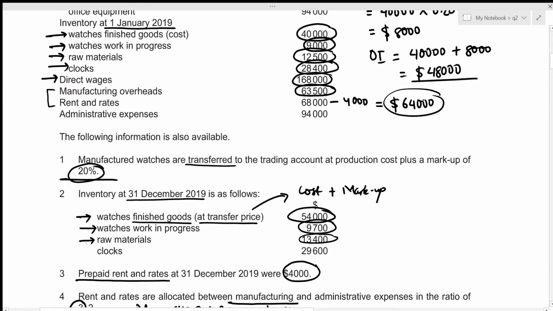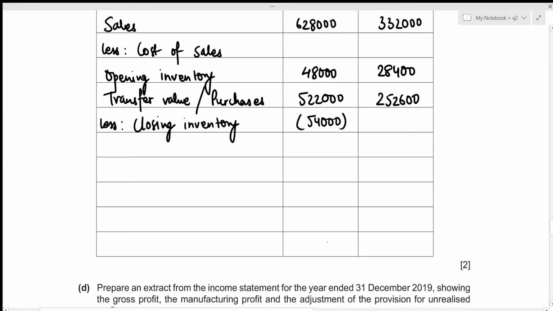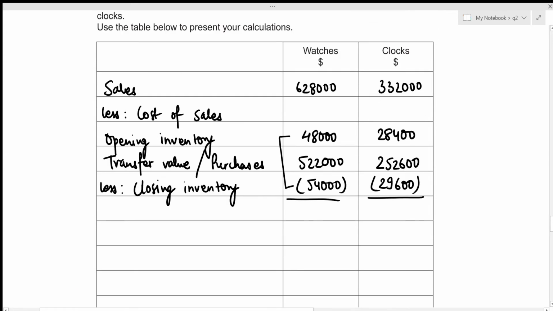Okay, we can see that the closing inventory for clocks had the value of 29,600. Let's write this. That is 29,600. Again, since we are subtracting the closing inventory, this should be in a bracket. Now we figure out the total for our cost of sales. So that's just the sum of these three amounts. For watches, that's 48,000 plus 522,000 minus 54,000, which results in the value of 516,000.